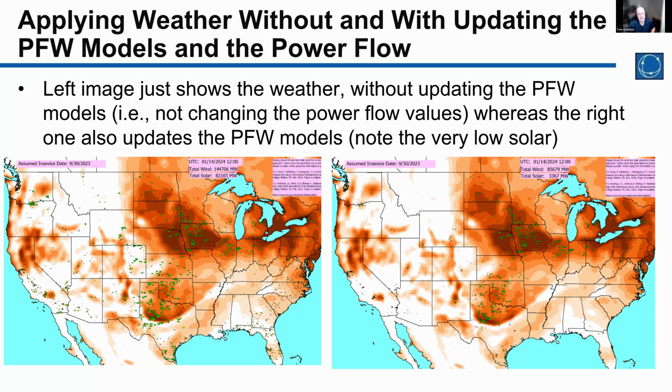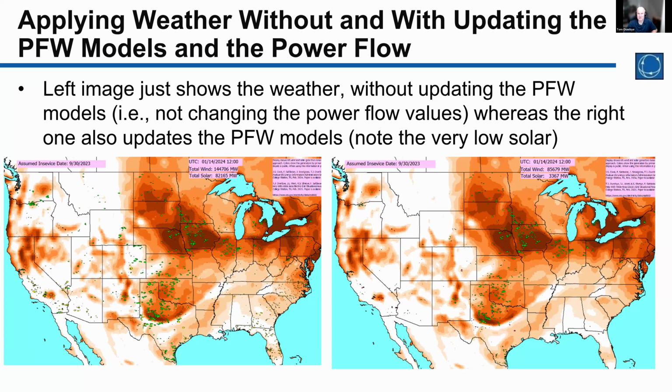In the data set that we used here, which was the EI860 released in September 2023, we had a total of 144 gigawatts of wind and 82 gigawatts of solar. When I applied the weather to it, which is straightforward to do, you can see that it reduced that to 85 gigawatts of wind and only 3 gigawatts of solar.